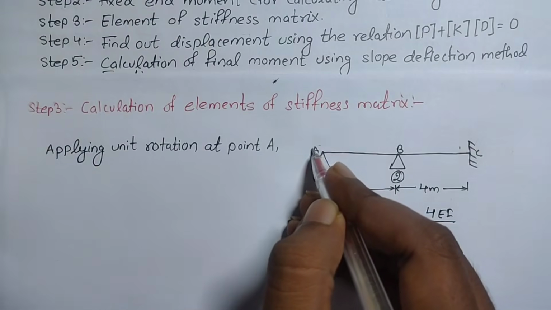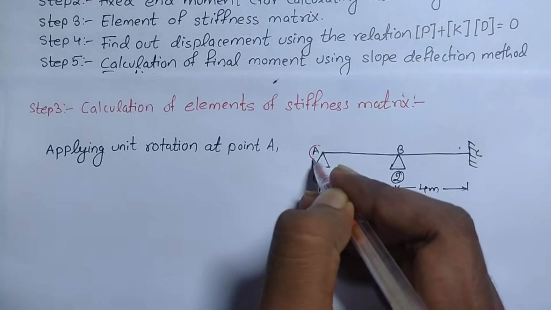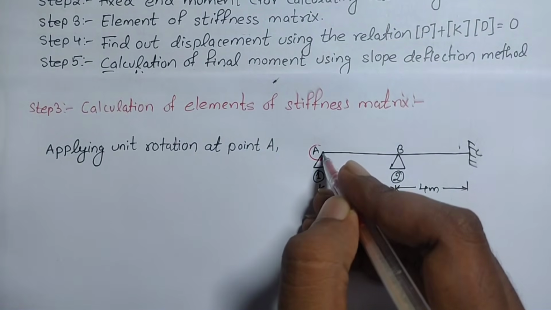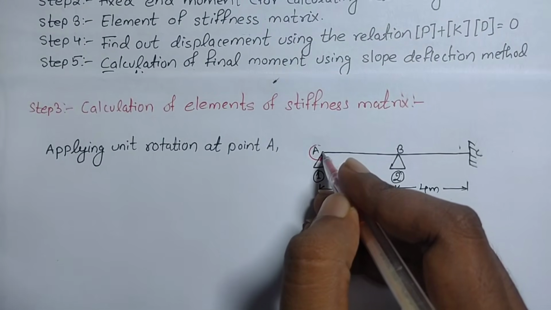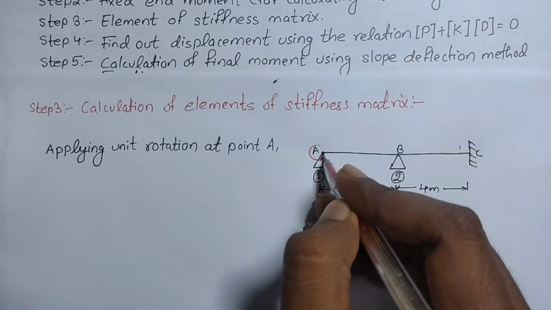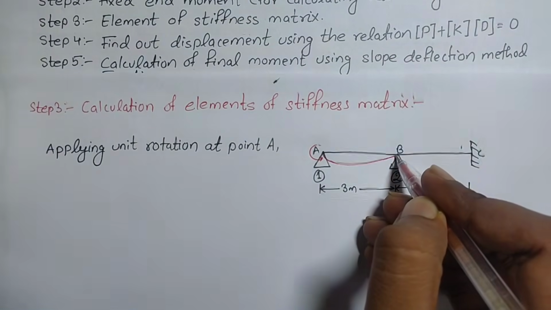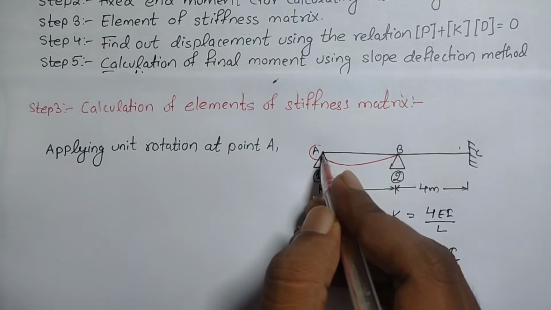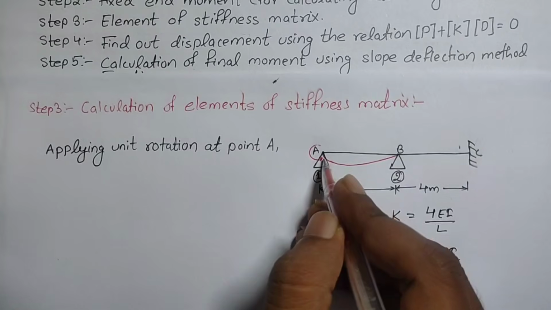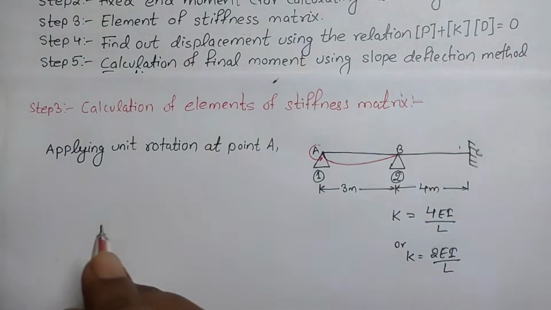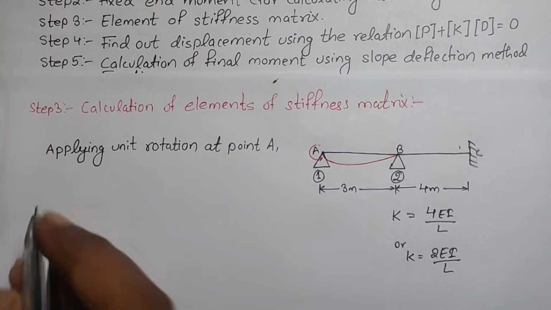If I apply unit rotation at point A, then due to this roller support our span will deflect somewhat in this manner. It means the maximum slope will be of greater value at A and least value at B. So guys, here we will have two conditions.